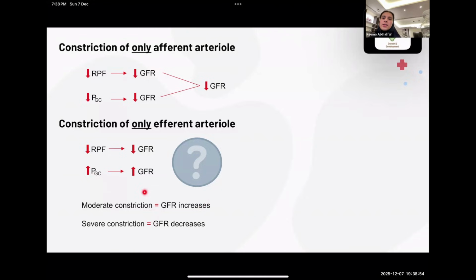Why? Because the hydrostatic pressure dominates over the renal plasma flow. So its effect is more powerful than the renal plasma flow. And it's the opposite when there's severe constriction. This is where GFR decreases because the renal plasma flow has more effect than the hydrostatic pressure.